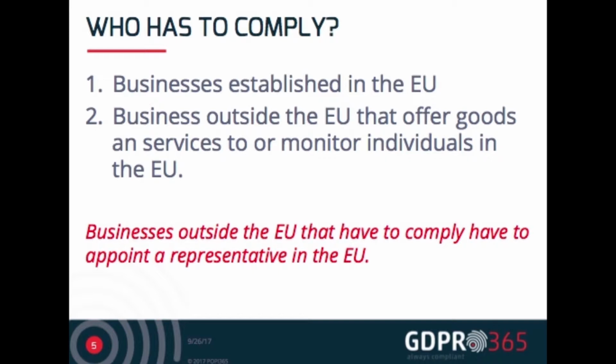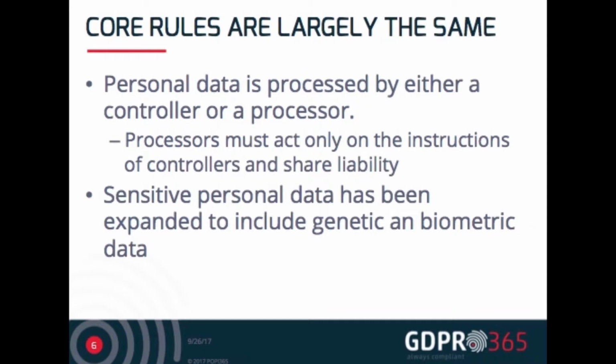So what that means is any organizations or businesses outside the European Union have to comply. And in order to comply, they actually need to appoint a representative in the European Union.